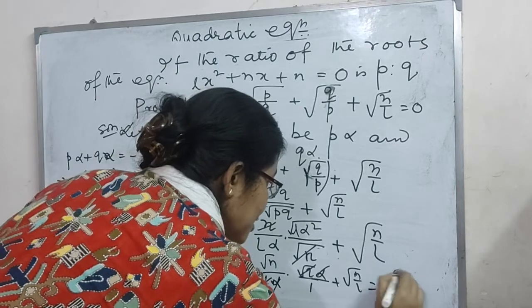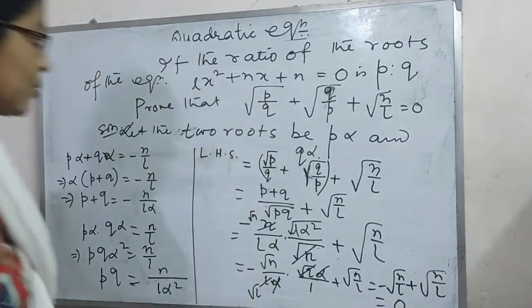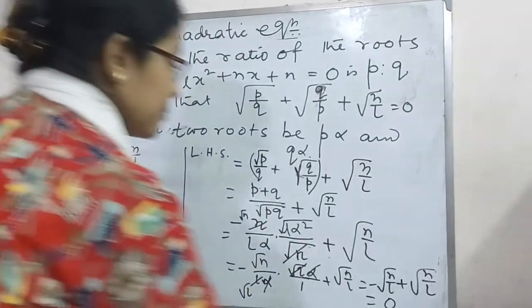That means minus root n by L plus root over n by L equal to 0, equal to the right hand side. Proved.